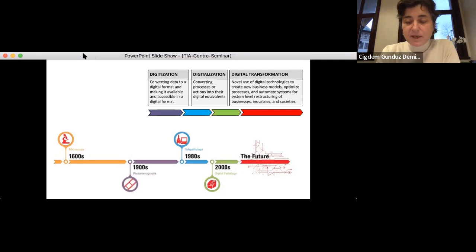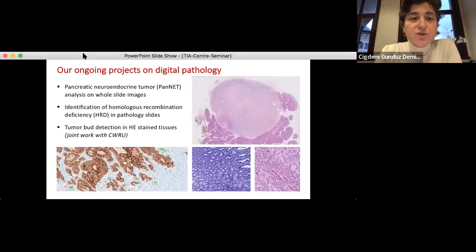So now let me continue with our projects in my research lab. We have three main ongoing projects right now on digital pathology. The first one, and the most recent one, is analyzing pancreatic neuroendocrine tumors, or PanNETs, on whole slide images. This project will have two parts.